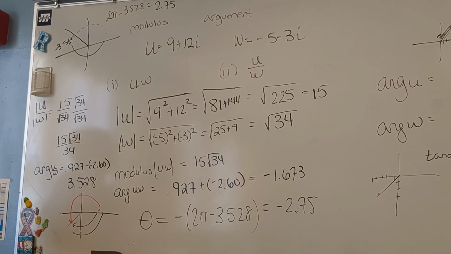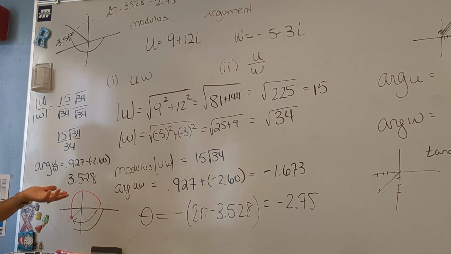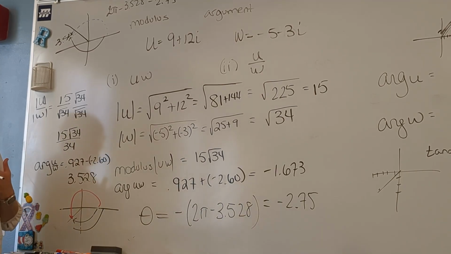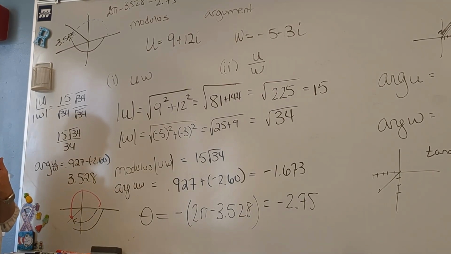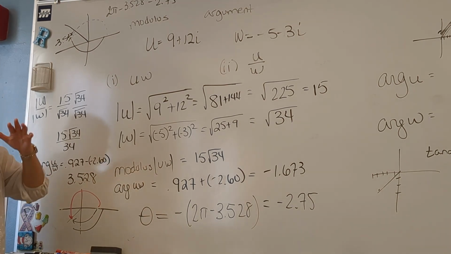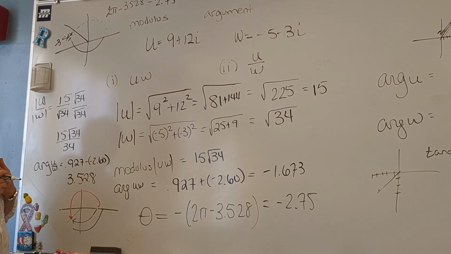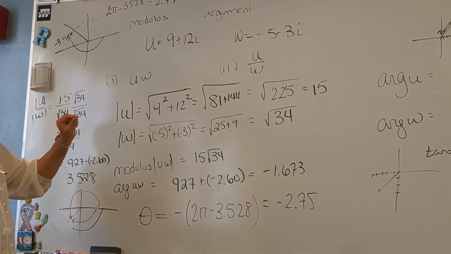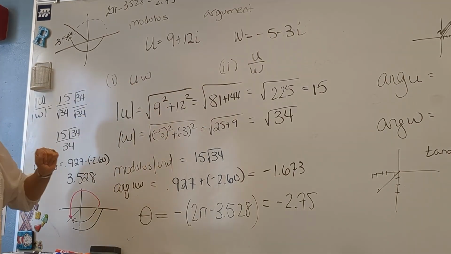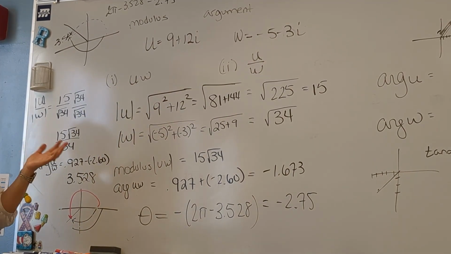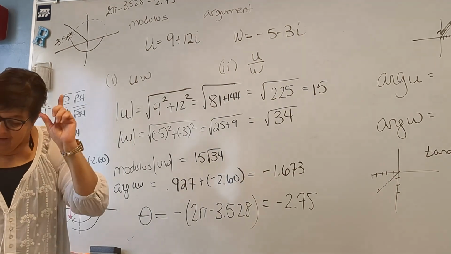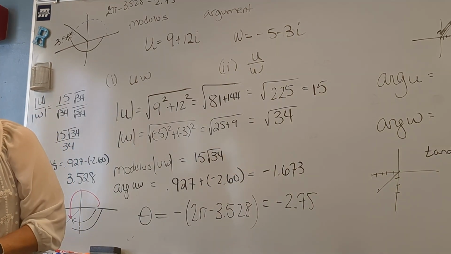Okay, so the only time you have to do this is when your answer is greater than 3.14, whatever direction you're going. Okay? All right, what do you think about finding an argument of two things multiplied or divided? Yeah, okay. So that was that.